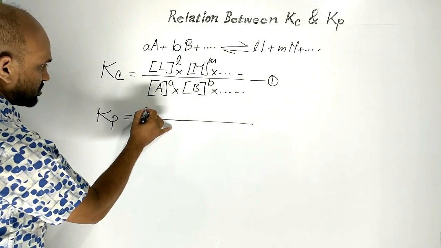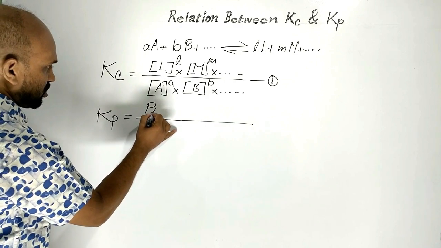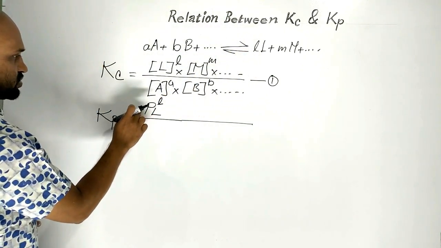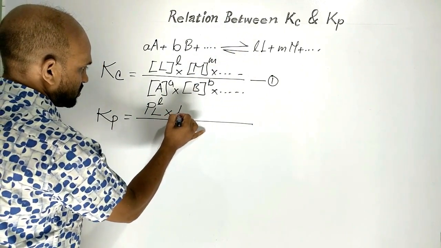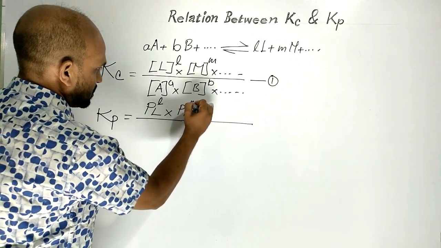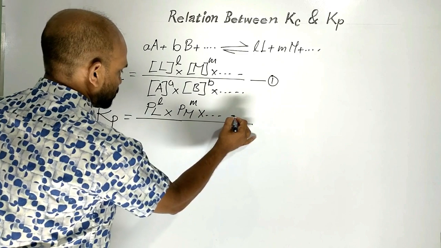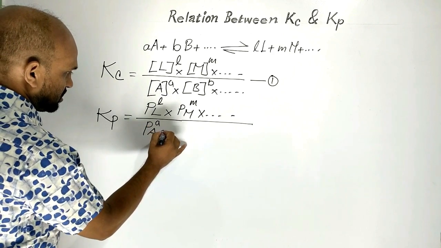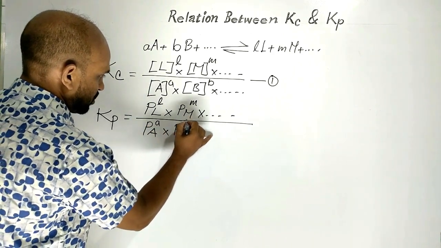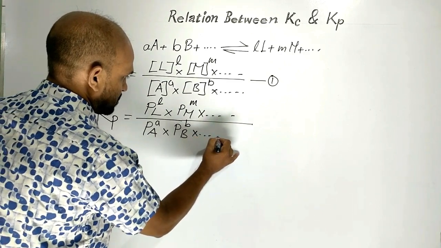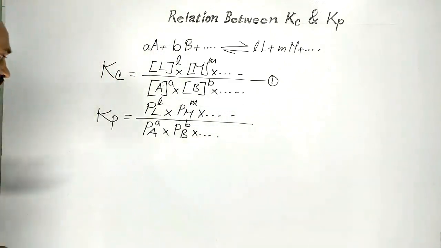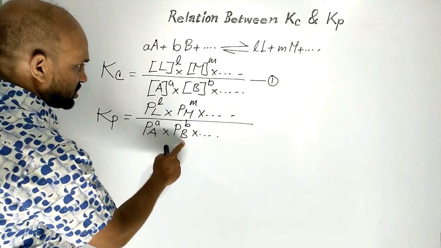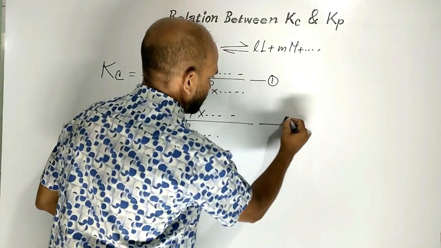According to the law of mass action, we can write partial pressure of L to the power lowercase l, into partial pressure of M to the power m, and so on, divided by partial pressure of A to the power a, into partial pressure of B to the power b, and so on. This is the equation for equilibrium constant in partial pressure. Suppose this is equation number 2.